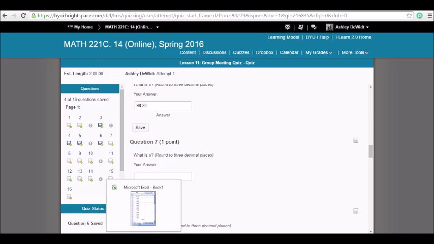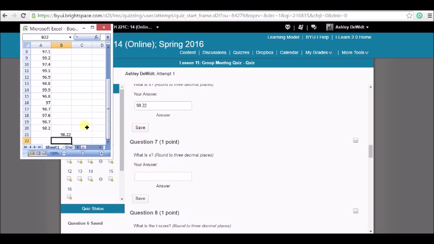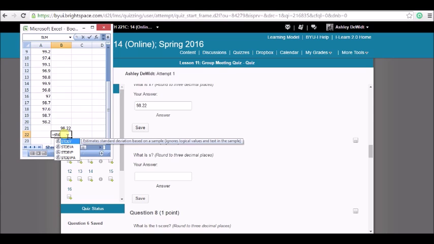So just find the standard deviation of those. I guess so, yeah. That'd be 0.922.